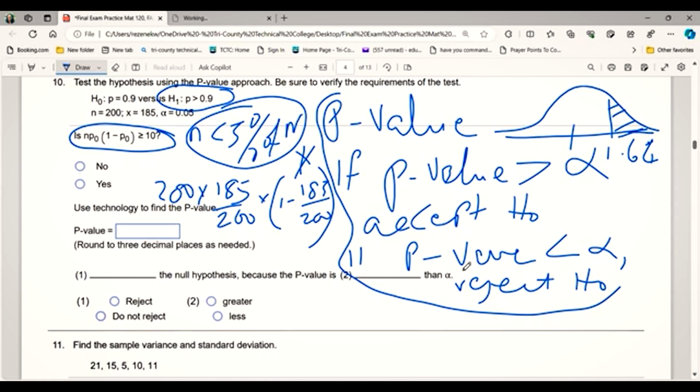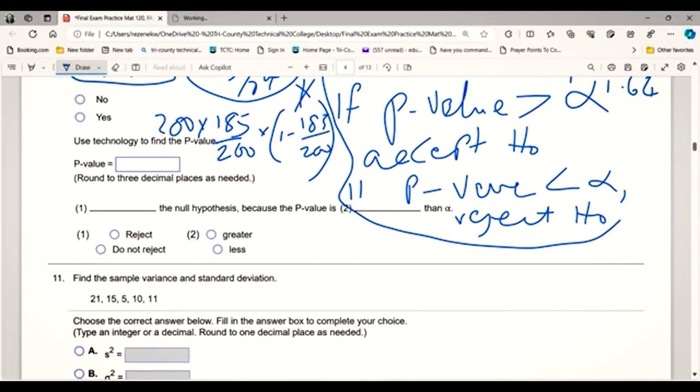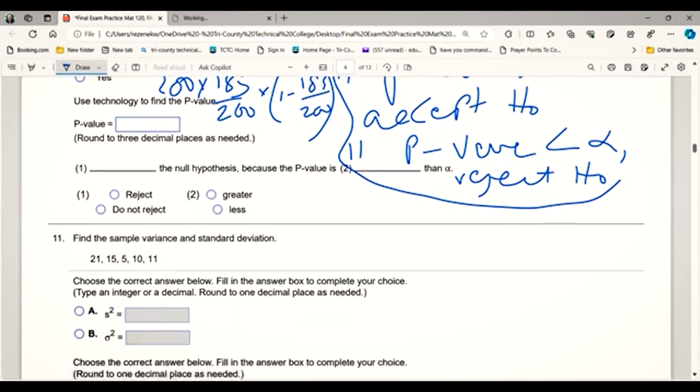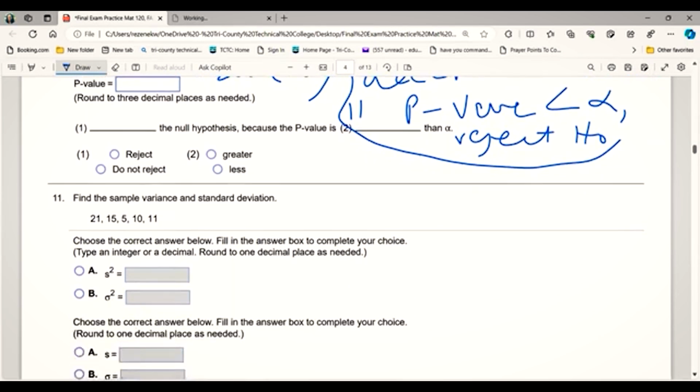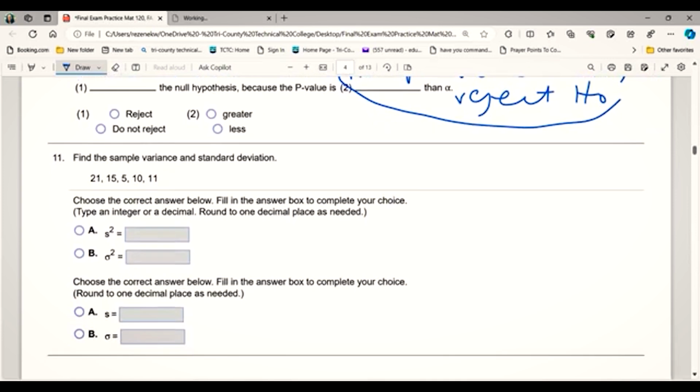You are either accepting or rejecting the null. So then you go to whoever employed you as a statistician and tell them, look, the null still works. The status quo is still working. There is no need to reject it.